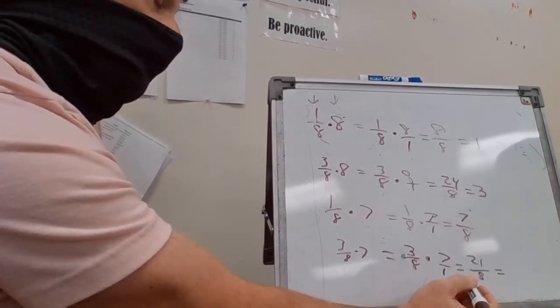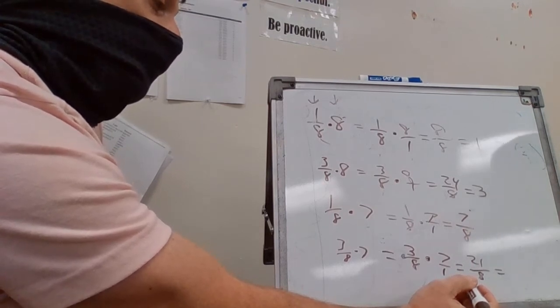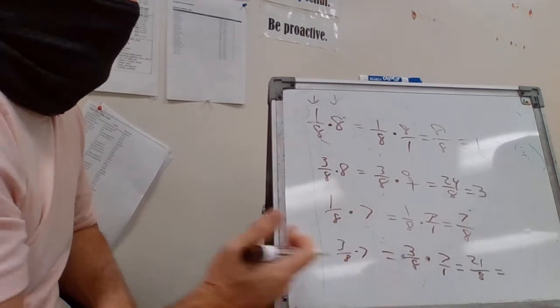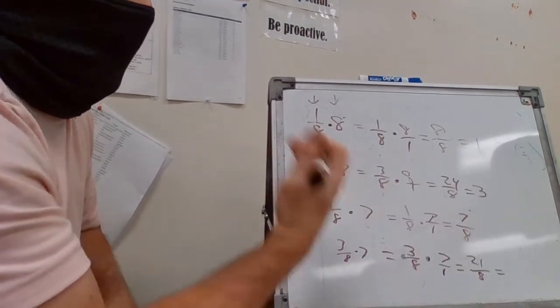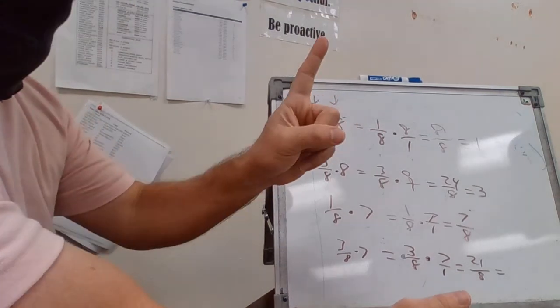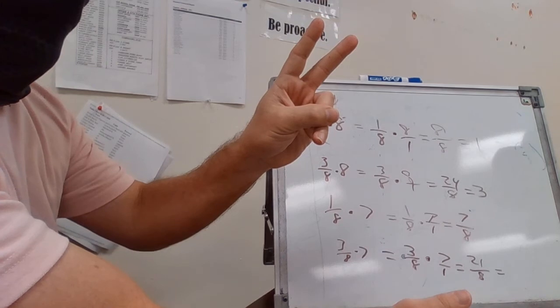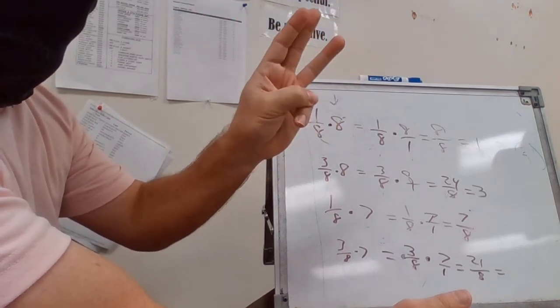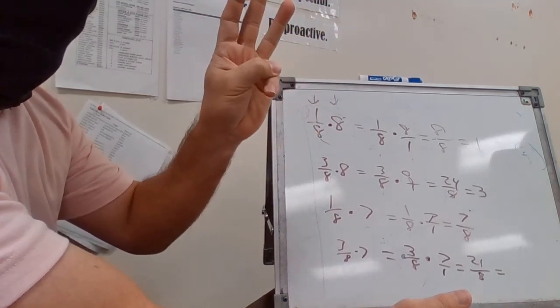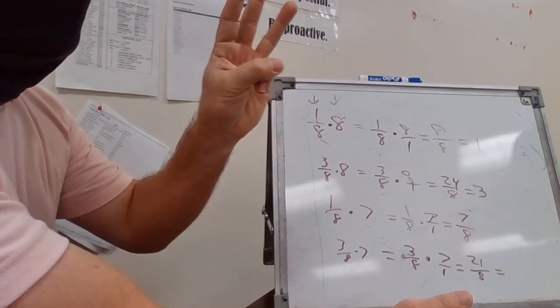3 times? No, it won't. Say your multiples of 8 until you get to 21, and you can't go over 21. So 8, 16, 24.